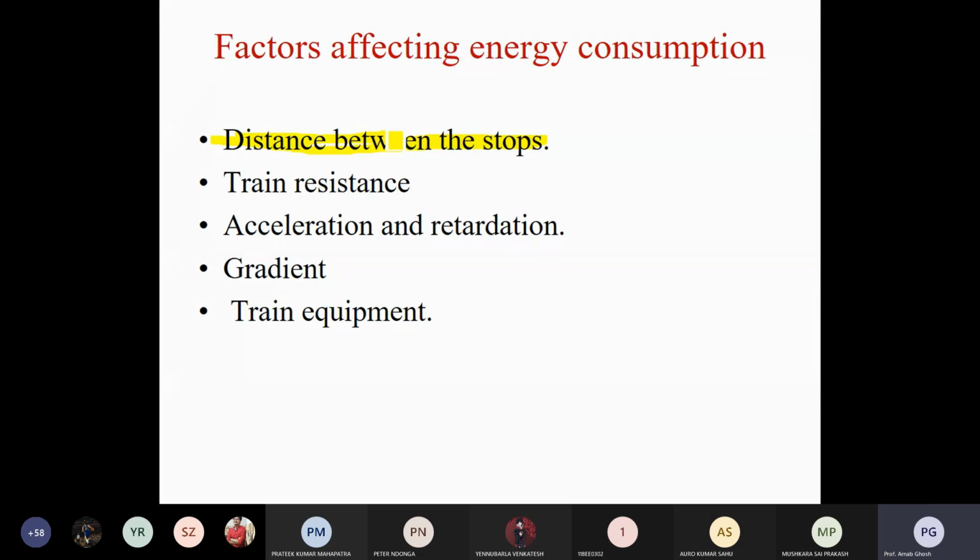First free running, after that you go for coasting, trying regenerative braking in the coasting period, which means reducing the voltage level. Then some regeneration will be there, so additional voltage will be fed back to the line. Then you go for retardation, where the voltage will be less again, then dynamic braking, and finally it can be stopped.